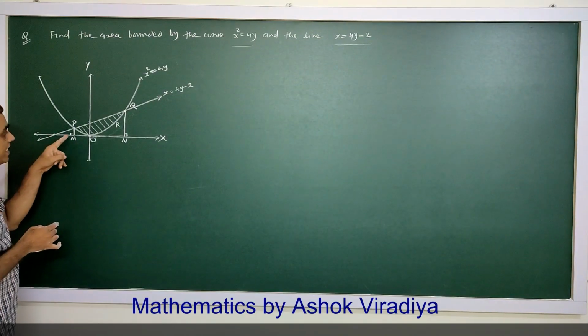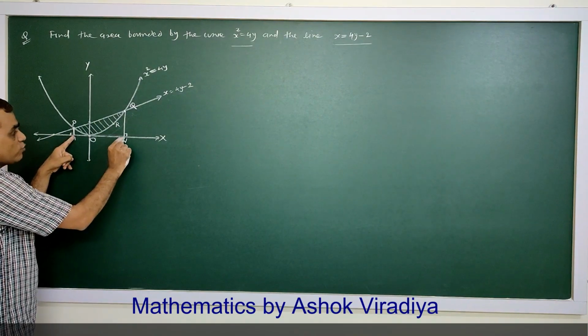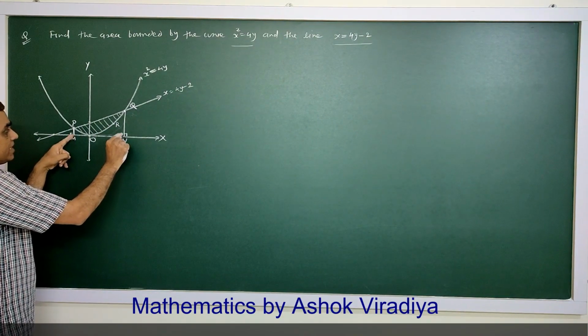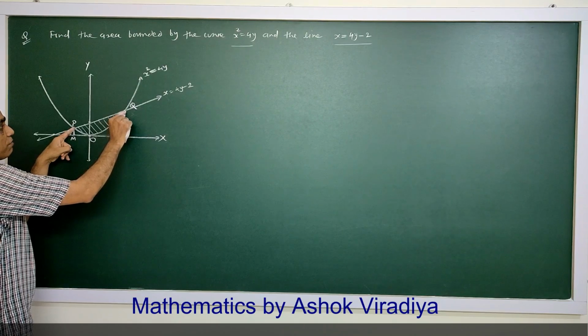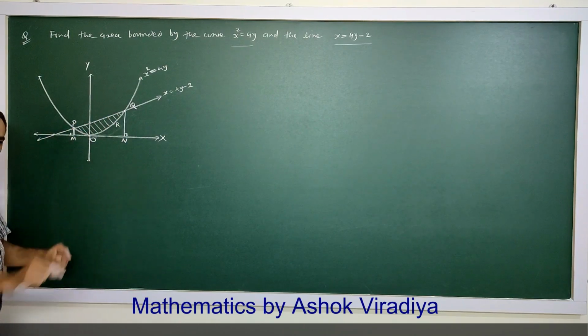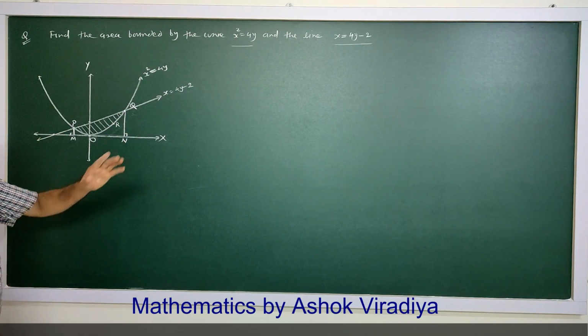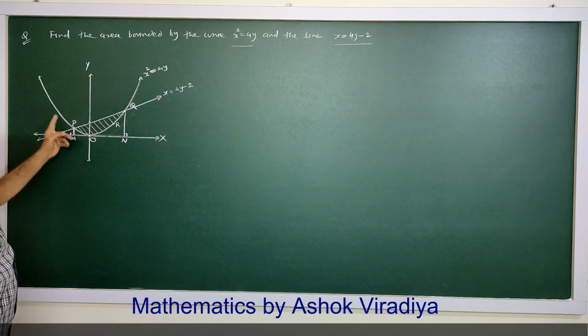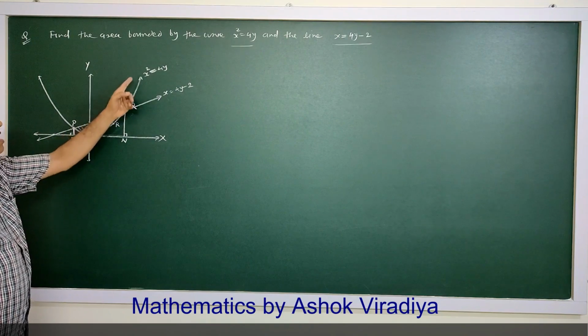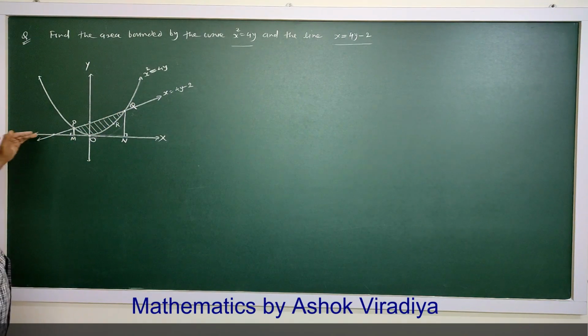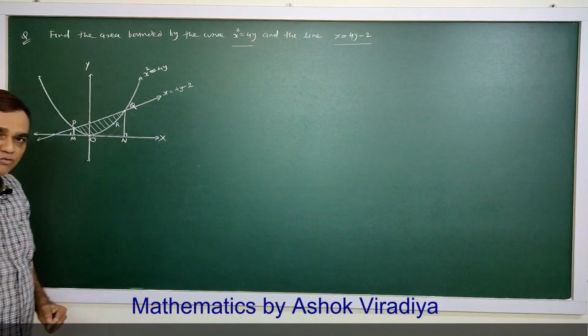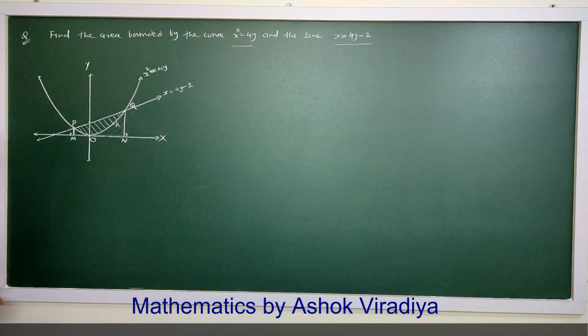So we have to find the numbers corresponding to M and N, that means the x coordinates of P and Q. The x coordinates of P and Q are the intersection points of the curve x square equal to 4y and this line. So we solve them for x value.